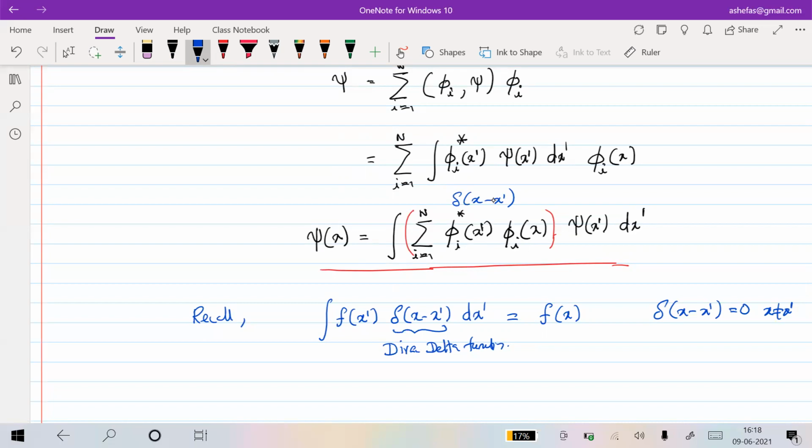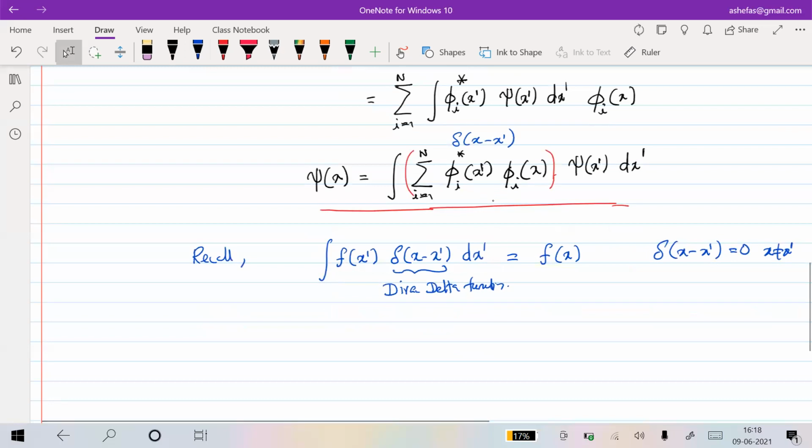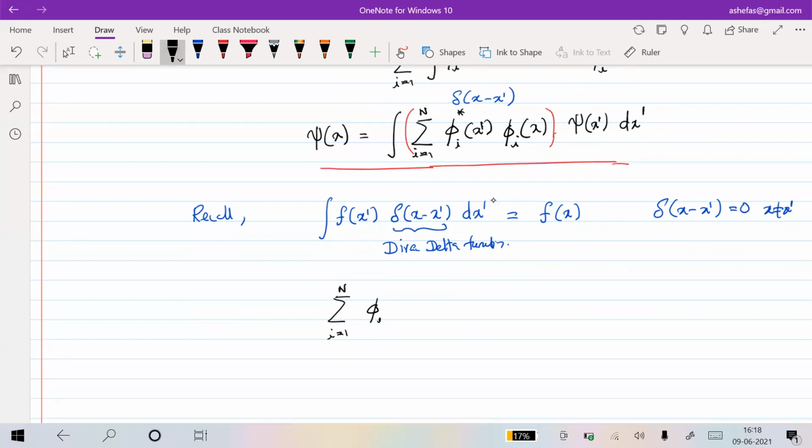If you integrate psi of x prime over the dummy index, it has to be multiplied by a Dirac delta function in order to get psi of x. So what is the result? The sum over i equal to 1 to n of phi_i star of x prime phi_i of x must be equal to the Dirac delta function of x minus x prime.